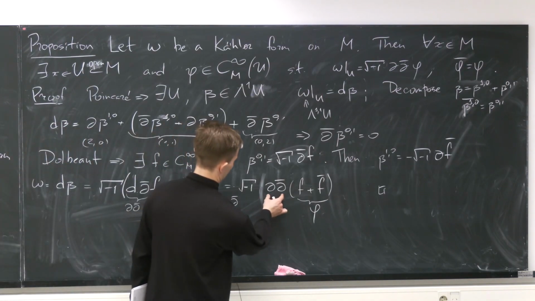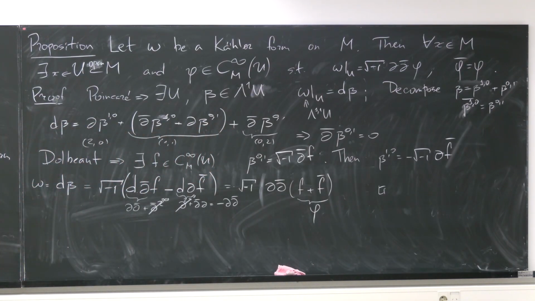This del del bar operator is a complex Hessian, so somehow it's a matrix of second derivatives of some function, and the metric is just given by one function locally. So that's one important property of Kähler metrics that we will use a lot. All right. So are there any questions about this?